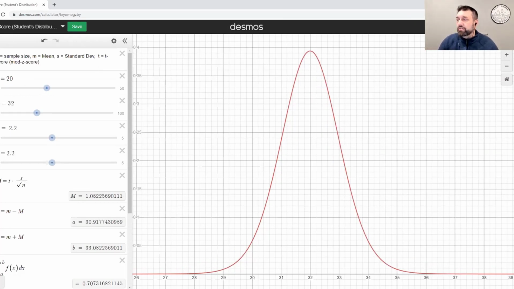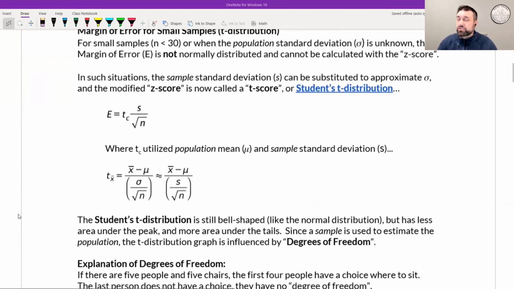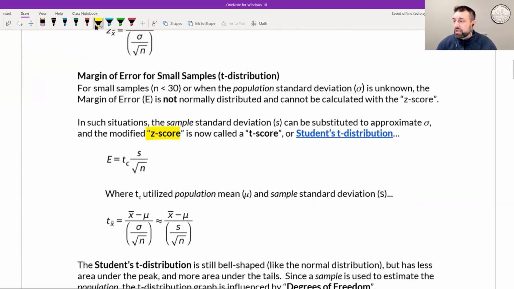So when we have a sample less than 30, we have to use a different score. We have to use something called the t-score, or the student's t distribution. Instead of using a z-score, you will use a t-score.